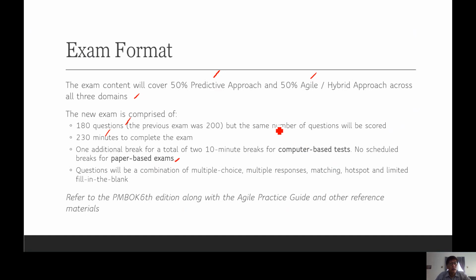Okay, so it can be a combination of multiple choice, A, B, C, D, multiple response, matching, hotspot, or what they call fill in the blank or drag and drop. So there are both agile and predictive lessons or questions in the exam format.